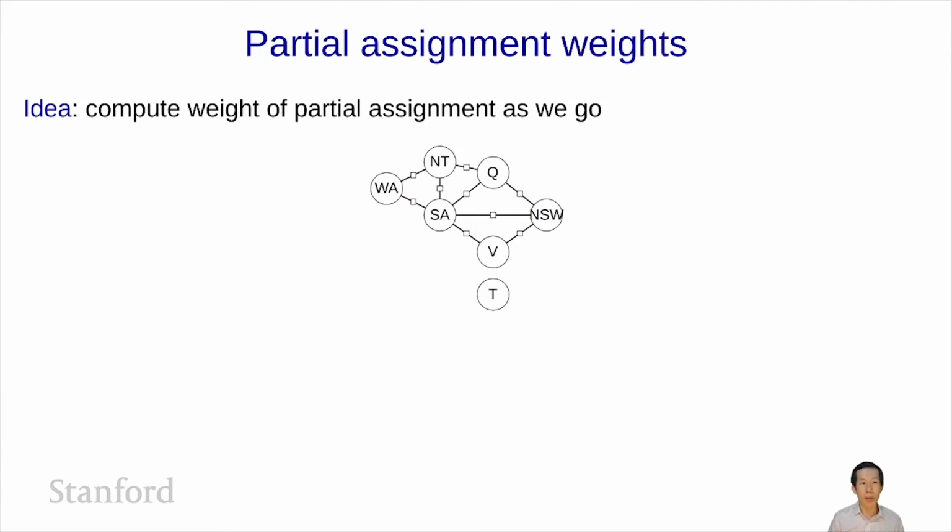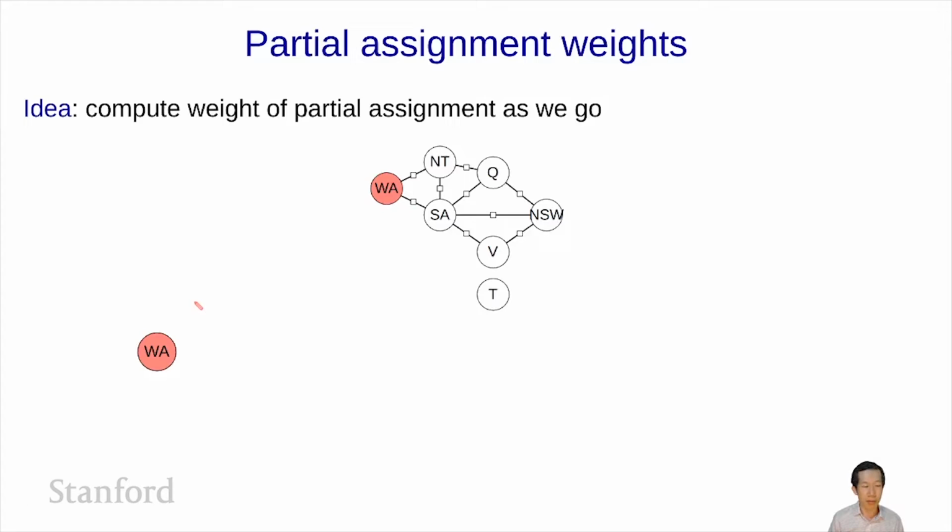The first thing we'll note is that we can compute the weight of partial assignments as we go, rather than waiting until the very end to compute the weight of an entire assignment. This is how it's going to proceed. Let's start with the empty assignment, and we assign WA red.